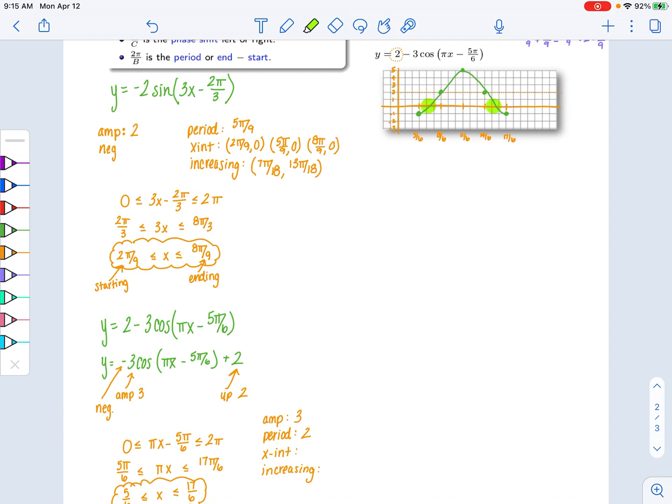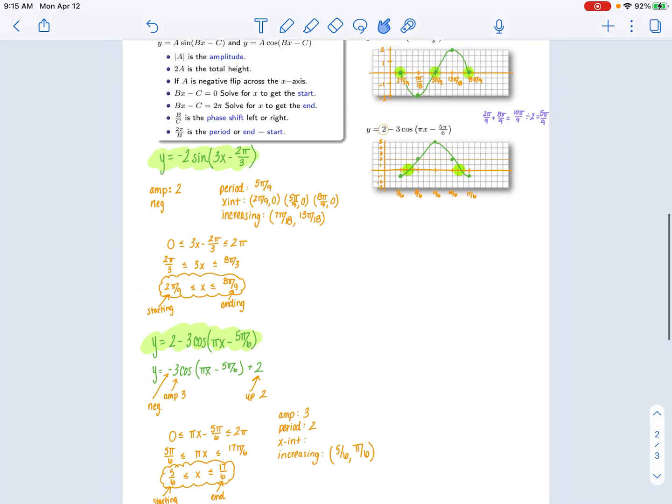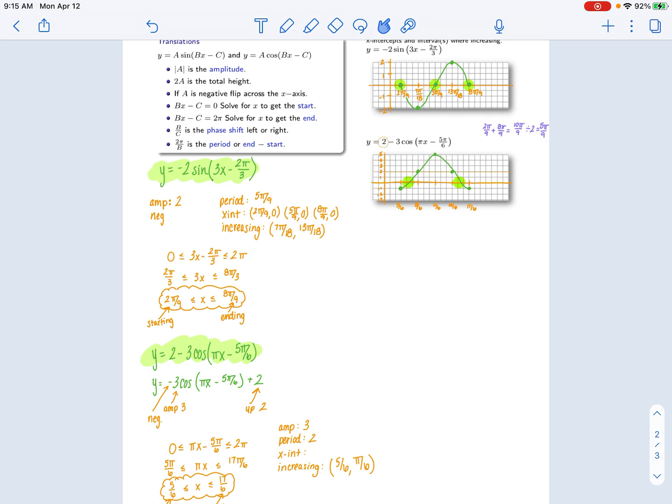That's fine with me. Increasing, we have to notice, is just from here to here. So our increasing interval would be 5/6 to that max point of 11/6. Again, these two problems are really intense. So if you're a little confused, that's okay. We'll talk about questions in class, and then day 6 will be a nice, slower picture of these graphs. Good luck.